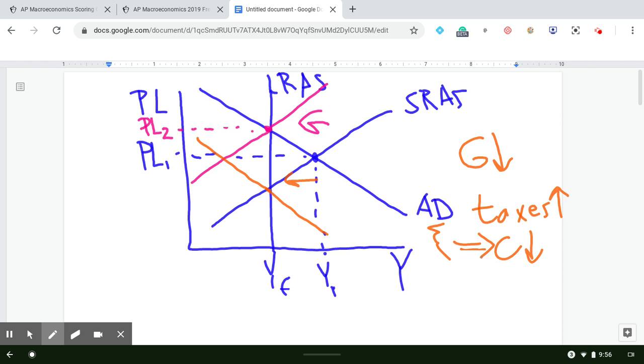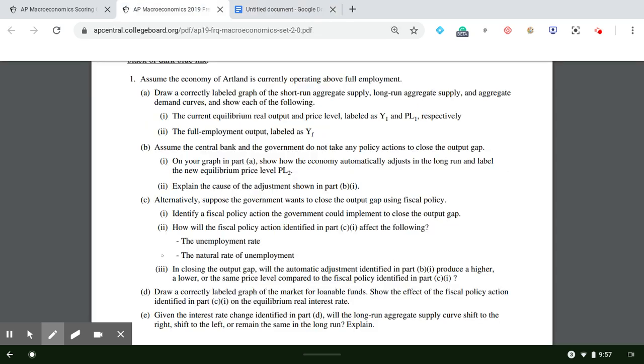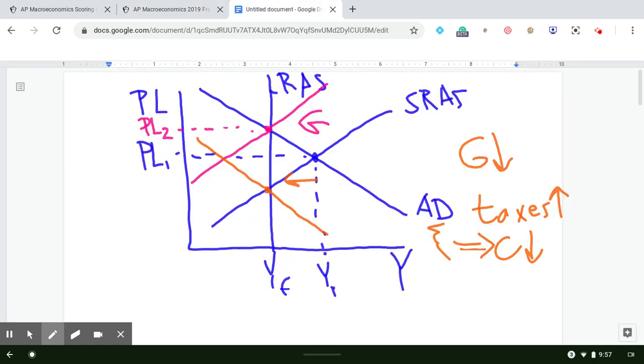Now, we didn't have to really answer that with the graph, but the graph's going to help us with the next 2. So 2, how will it affect the following? So Y sub 1 shifts back here. We'll call this Y sub 3, which is the full employment level. And so unemployment will actually rise.